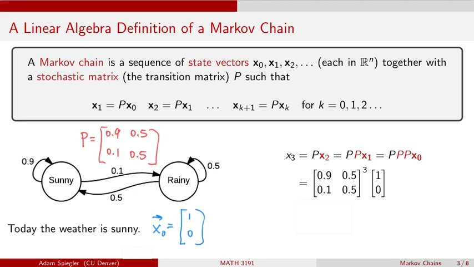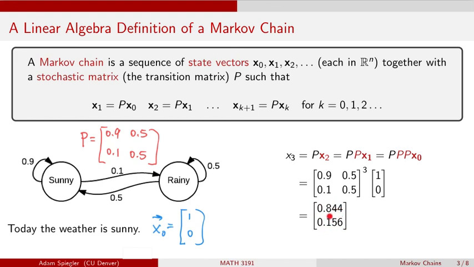Here we would multiply the vector (1, 0) by the matrix P 3 times, and I will save you the calculation. There's a link to a Google Colab document where I do these calculations. That comes out to a vector where the first entry is 0.844 and the second entry is 0.156.